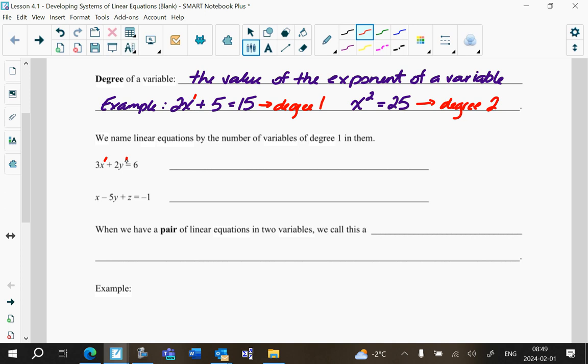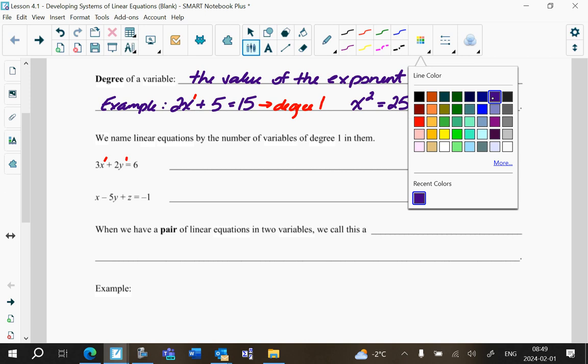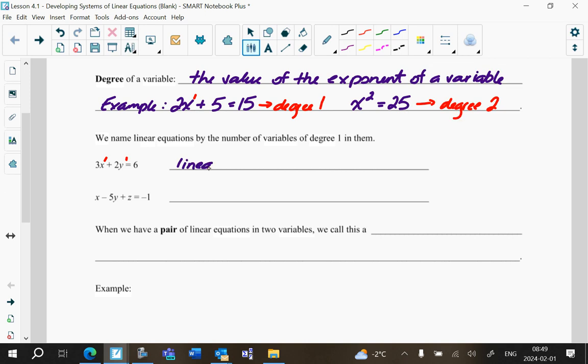So we would say this is a linear equation because the highest degree is 1 in 2 variables. For the second one, we've got 3 variables this time, but each of these variables has an exponent of 1. So we would say this is a linear equation in 3 variables.